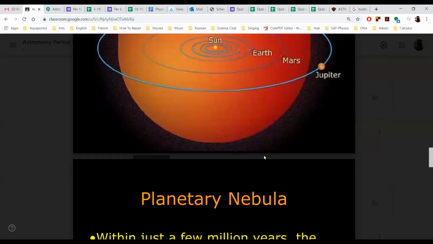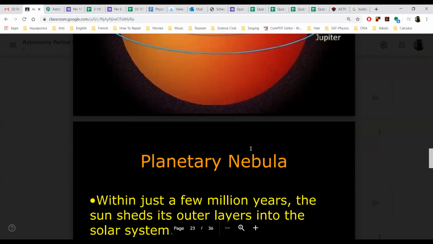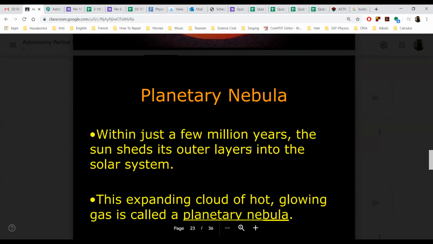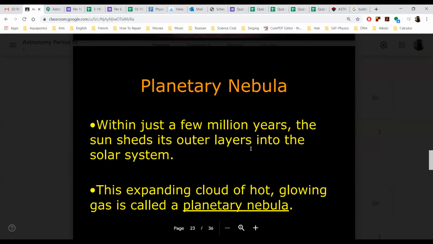Other forces will come into play: local gravity plus gravity due to the other nearby stars. Coriolis force will have some effect because the star was spinning, and this spinning will affect the way the gases will be distributed. And so we get to slide number 23, which is called planetary nebula.